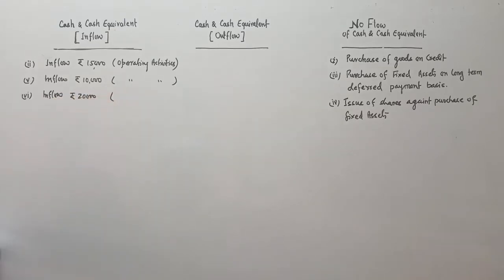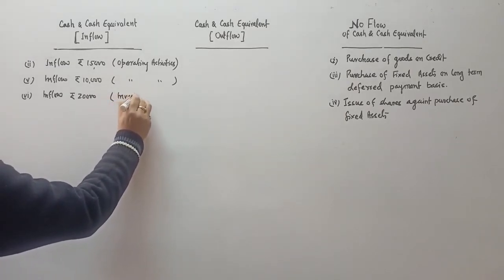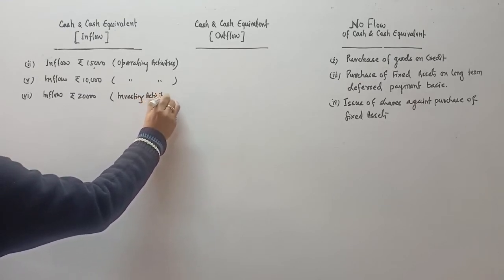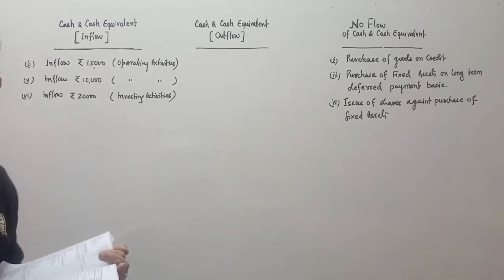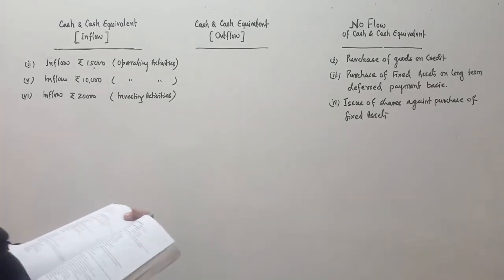This comes under investing activities. Sale of fixed assets comes under the investing activities. Inflow of cash rupees 20,000.